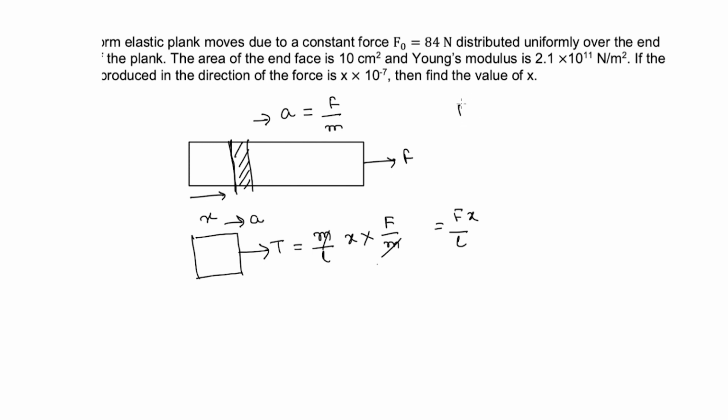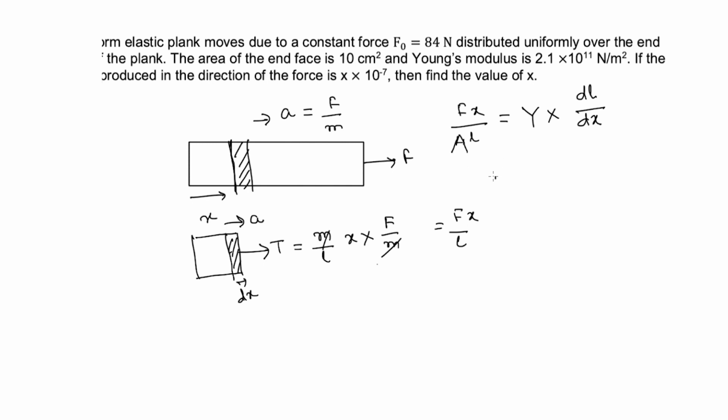So what is the stress? Stress is Fx by A into L is equal to Young's modulus Y into delta L. Now I am looking at this part only. I am looking at this part dx. So the elongation of this part dx, let us assume it to be dl, and the actual length of this part is dx. So that will be the equation from where I will find the value of total elongation.